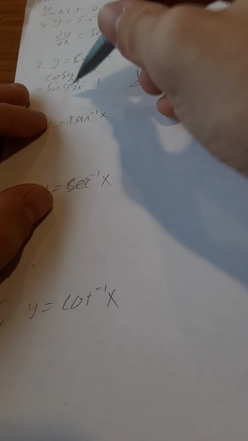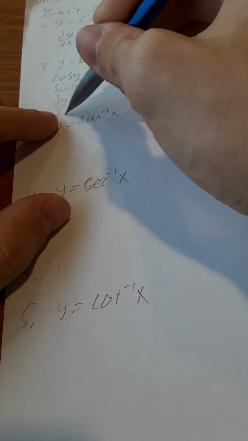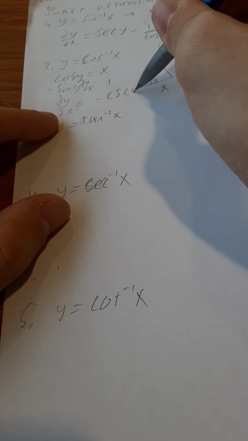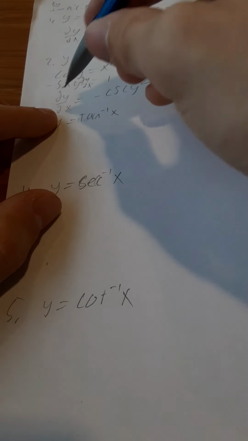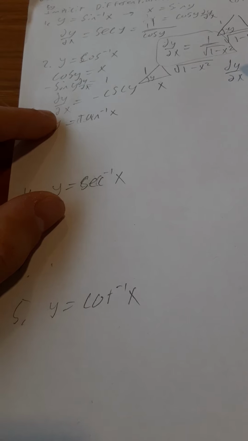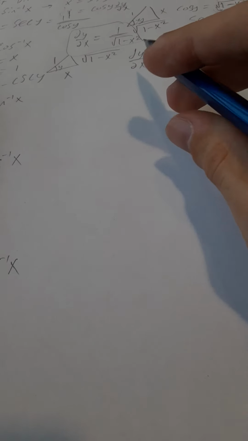So now, the camera might fall, but we have dy/dx equals negative cosec y, and cosec would be this over this, so dy/dx equals negative 1 over square root of 1 minus x squared. Now if you want, there is a more general form where you have x over a. It's the exact same principle, you just have to factor out the a. You can try that out on your own after you're more comfortable with these.